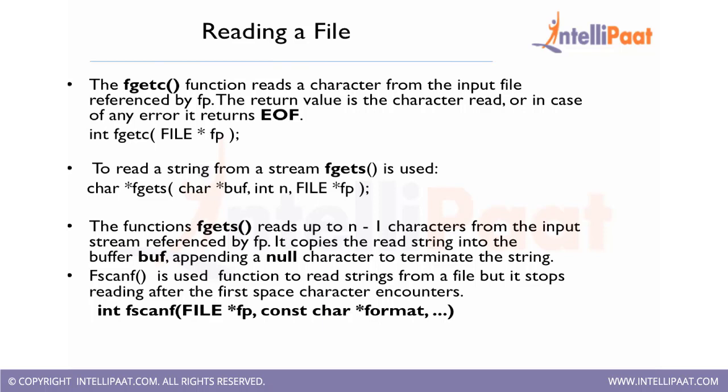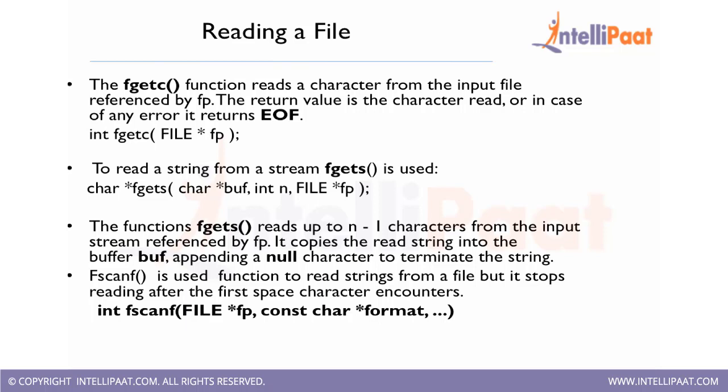So the fgetC function will just continue to read the file character by character, and once it reaches the end of the file, it returns the EOF value, so that we know we are done with file reading and we can do some operation or close the file.